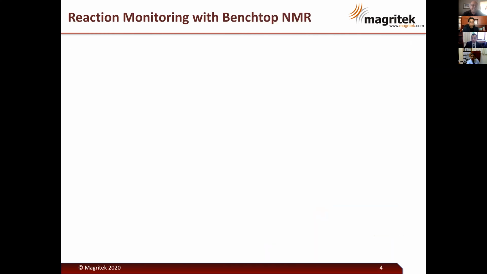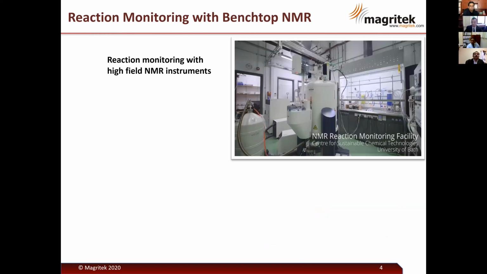So even though monitoring reaction with NMR gives a lot of useful information, it is not very easily done with the high field NMR spectrometer. The picture here is a picture of the NMR reaction monitoring facility at the University of Bath. The high field NMR spectrometers normally are set up in a centralized location shared by different groups.